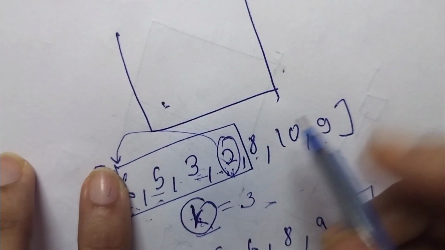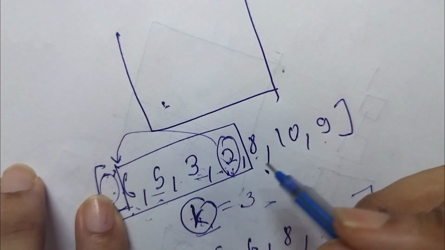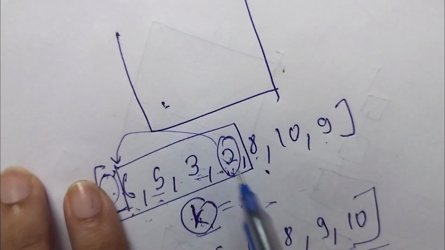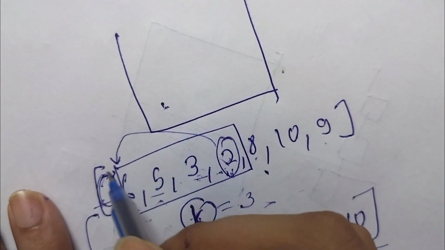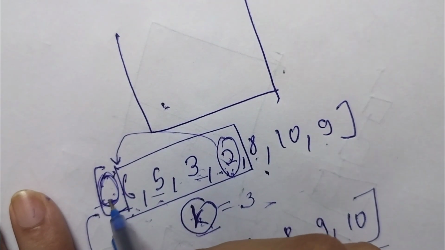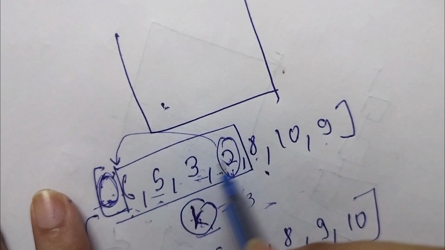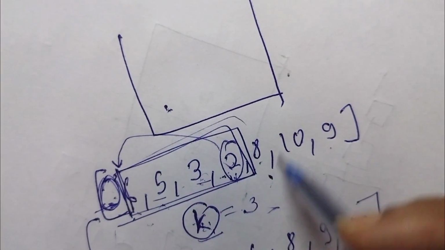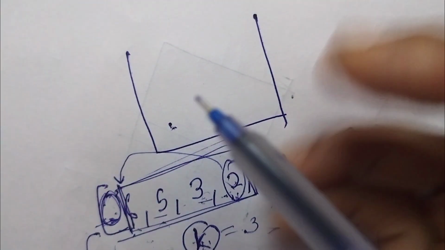Why k plus 1 and not k? Whatever I have to place at the 0th position, I am going to get in the first k plus 1 elements only.